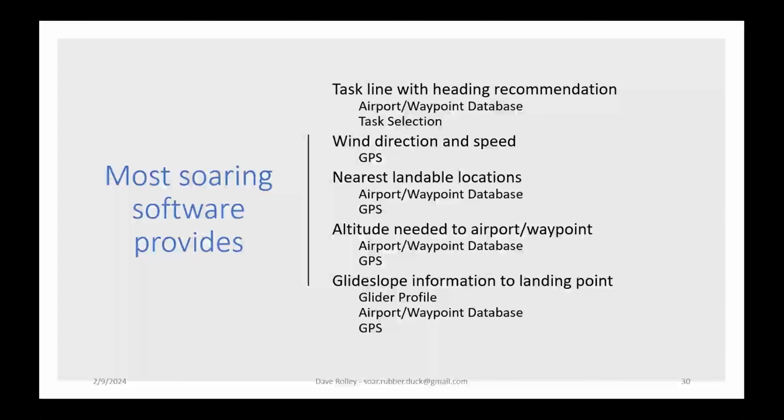Altitude needed to get to an airport, so that's going to be airport database and the GPS. Glide slope information to a landing point. So now we've got the glider polar in there, the glider profile, and airport waypoint database and a GPS. Okay, so this is an interconnected system.